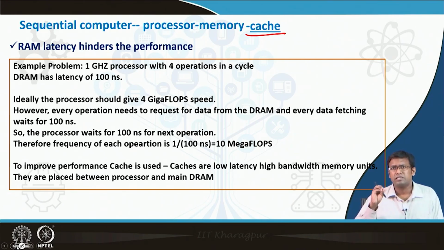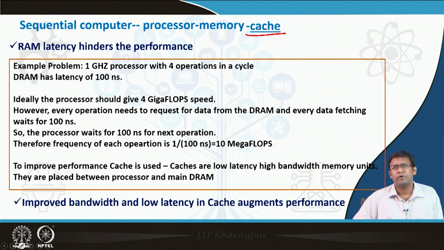Caches are low latency, high bandwidth, small memory units. Not the entire matrix will fit in the cache, but some parts, some rows or some elements in a row of the matrix, will fit in the cache. And when the CPU wants the memory, it does not need to go to DRAM every time, but it can take the memory from the cache. Because they have low latency and high bandwidth, they improve the performance of the system.